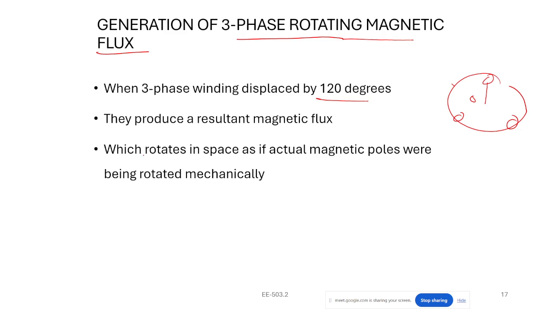We are not placing them individually. Whatever the three phases produce, the resultant magnetic field is produced as a rotating magnet, which rotates in space as if actual magnetic poles were being rotated mechanically. So this is one thing, the generation.